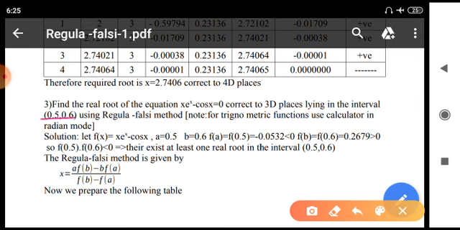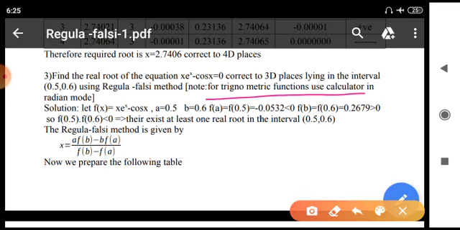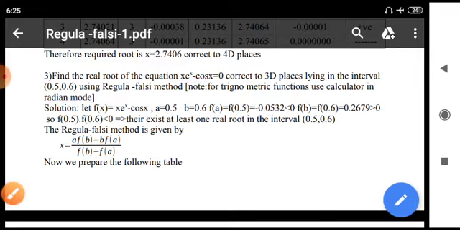So we have to choose A and B such that A should be less than B. We have to remember one thing, that is, for trigonometric function we have to use calculator in radian mode. That is the most important thing. Most of the students will do the wrong thing here. That is, they will use calculator in degree mode. So we have to remember, whenever trigonometric function comes, we have to use calculator in radian mode.